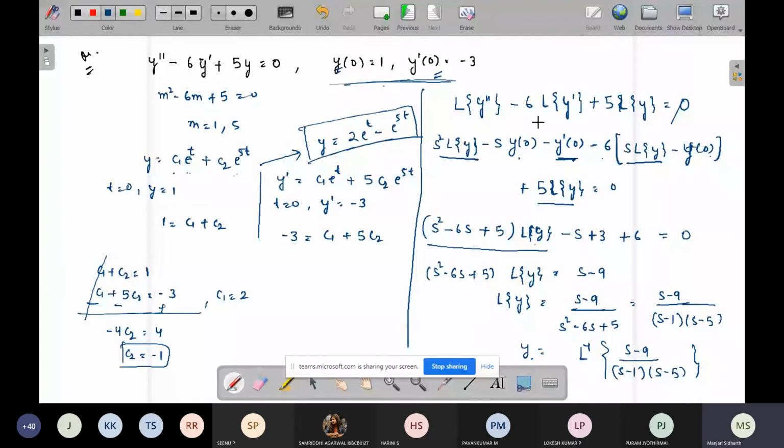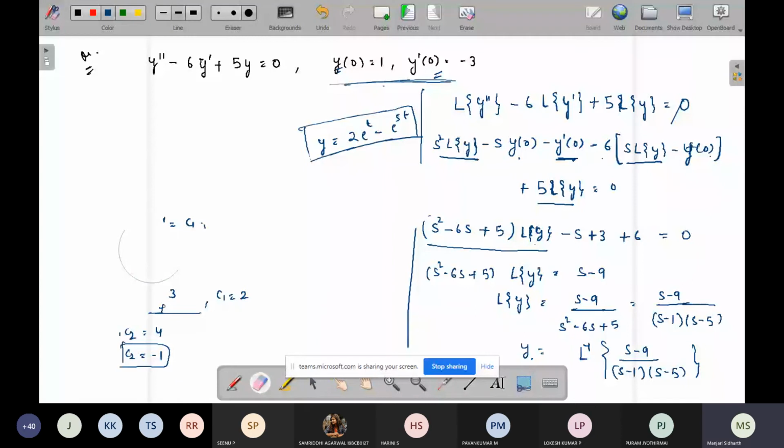Okay, so I am erasing this. I'll keep this solution, because whatever the method is, the solution should be the same. Now s minus 9, if you remember partial fractions: a over s minus 1, since there are linear factors, plus b over s minus 5.